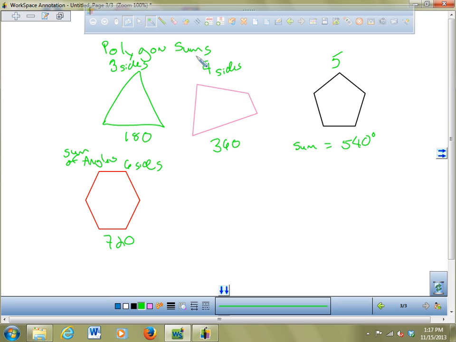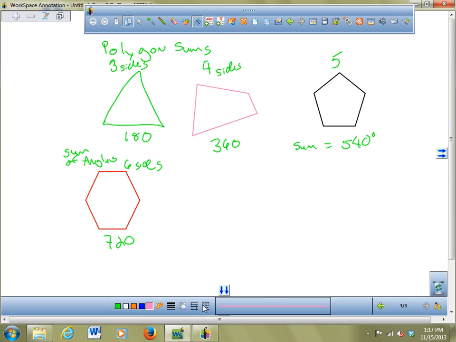Another way to think about it is if I were to cut these shapes up into triangles. Watch. If I go like that, how many triangles do I have? 2. Angle 1 plus angle 2 plus angle 3 has to add up to 180. Angle 4 plus angle 5 plus angle 6 adds up to 180. So altogether, I have 360.